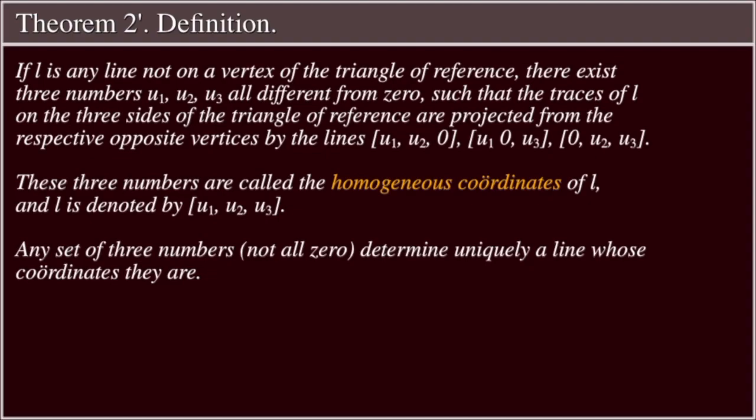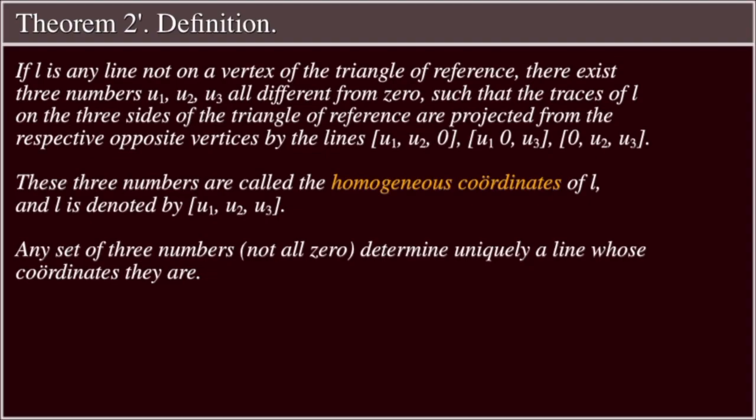Theorem 2', definition. If L is any line not on a vertex of the triangle of reference, there exist three numbers u1, u2, u3, all different from 0, such that the traces of L on the three sides of the triangle of reference are projected from the respective opposite vertices by the lines [u1, u2, 0], [u1, 0, u3], [0, u2, u3]. These three numbers are called the homogeneous coordinates of L, and L is denoted by [u1, u2, u3].